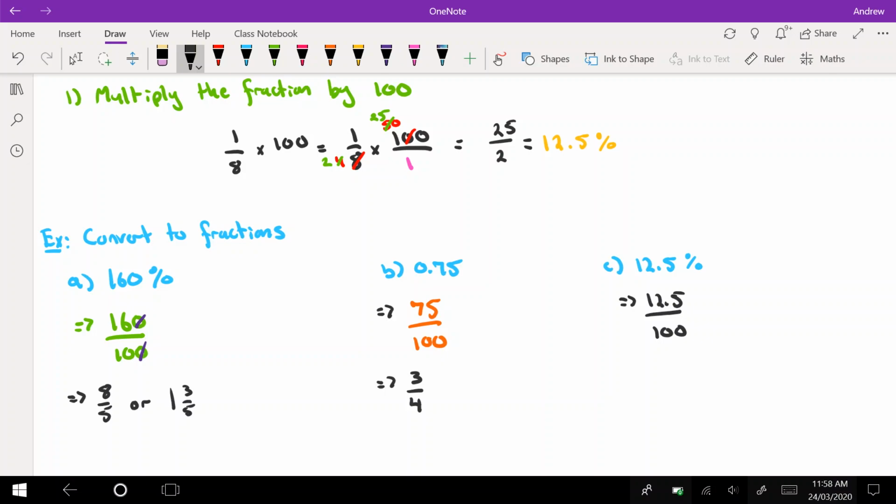So we can change that numerator by multiplying. We can put the 0.5 as a half, right? So what should I multiply that by to get rid of the decimal? 10's a good idea, but there's actually a much easier way to do it. You can multiply by 2. It's a half, so we just want to get rid of it. So you multiply by 2, which is going to be 25.